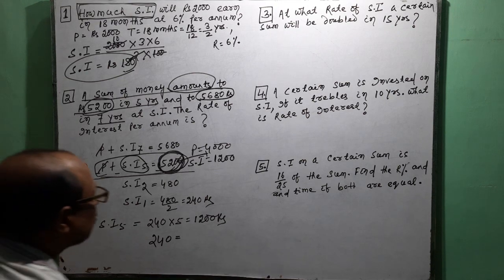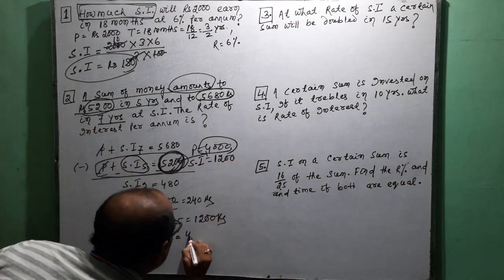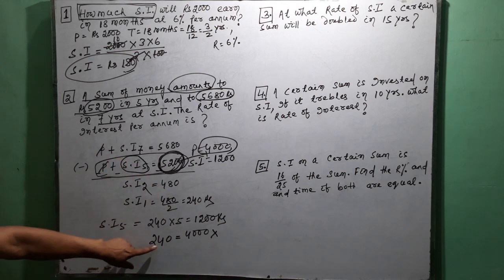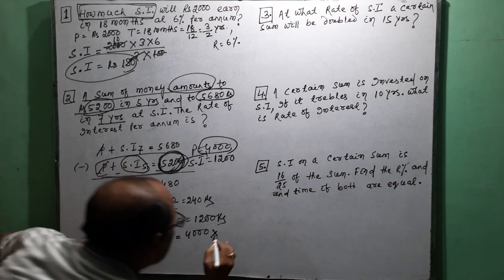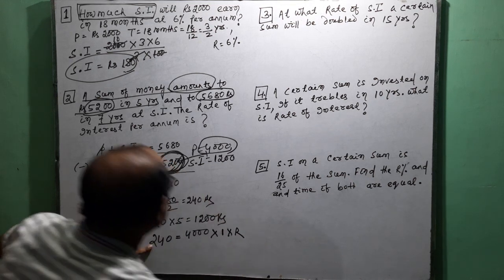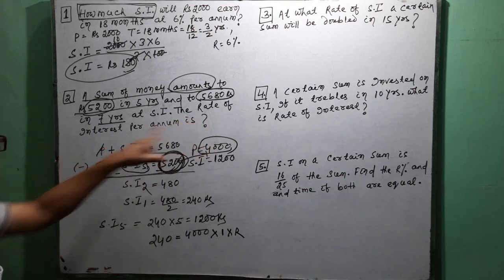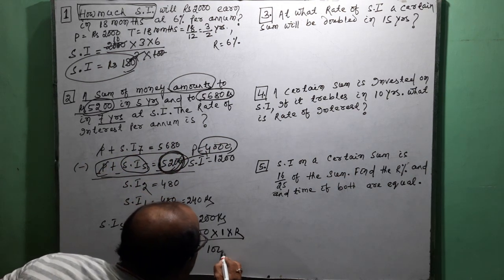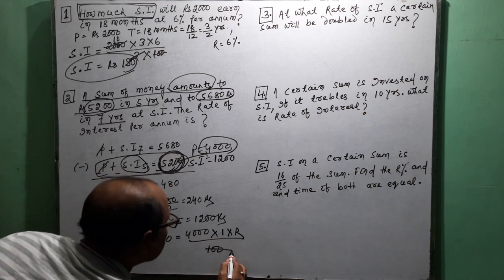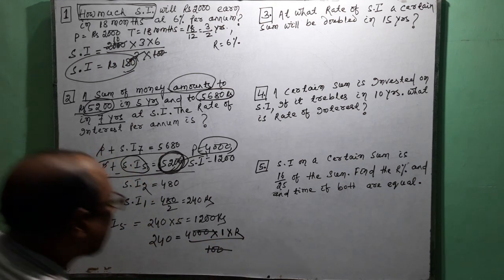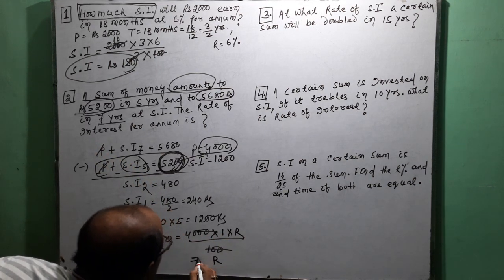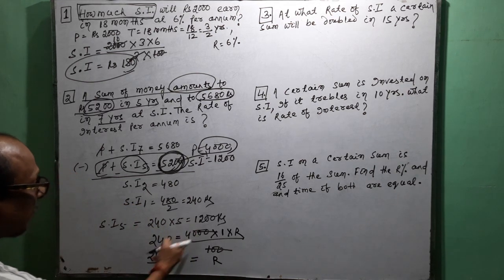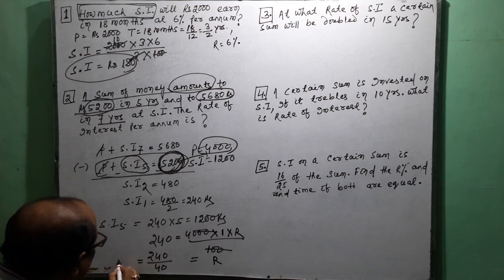P is equal to 4,000, into T, where time is 1 because we have taken the interest of 1 year, into R, which we have to find out, divided by 100. So the 100 cancels, and R is equal to 240 by 40, which is 6%.